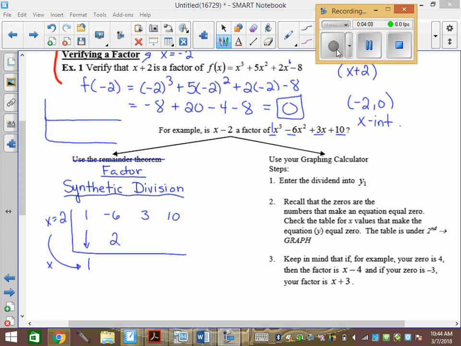And then you add. We multiply, bring it up, and then we add. 2 times 1 is 2, and then you write it here. Follow, because that's how you do it.